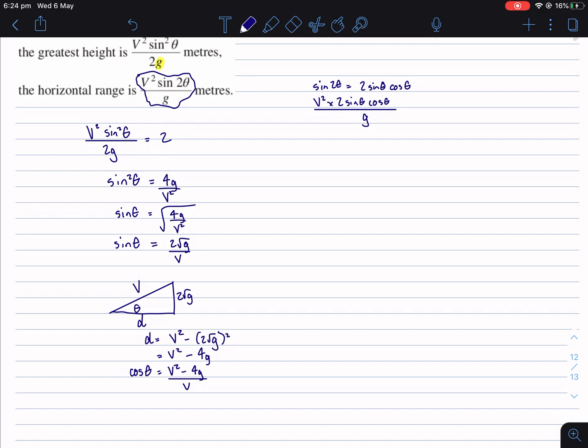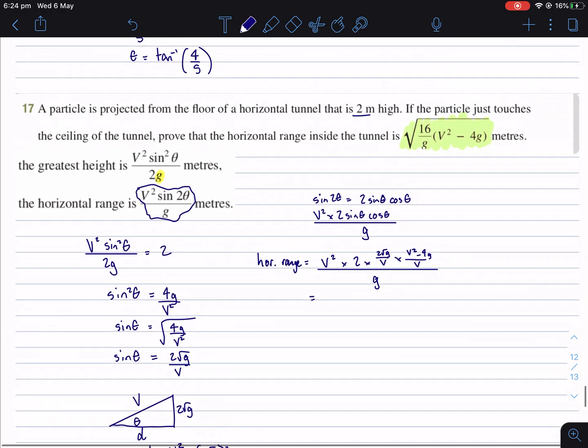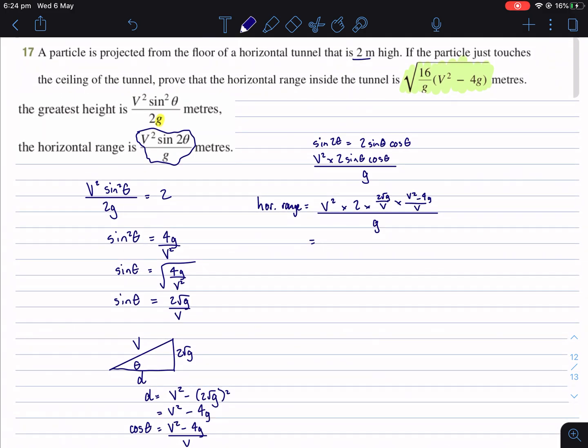Okay, which means now I know the horizontal range is v squared times 2 sine theta, which was 2 root g over v, cos theta is v squared take 4g over v, this whole lot's over g. Okay. Which means on the top line, my v squared is going to get cancelled out.